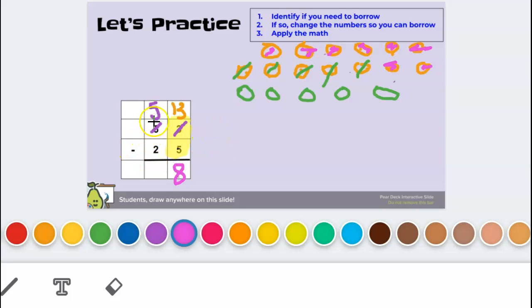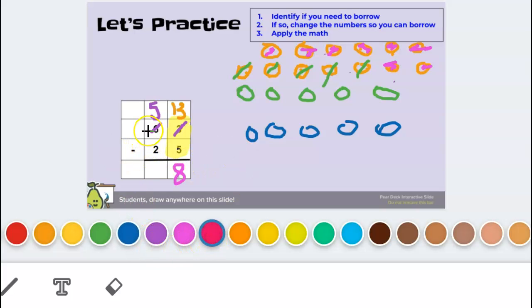Now we look over here, and this pizza place has 5 pizzas or 5 pieces of pizza. So we would make our new pizzas. 1, 2, 3, 4, 5. And we want 2 pieces.